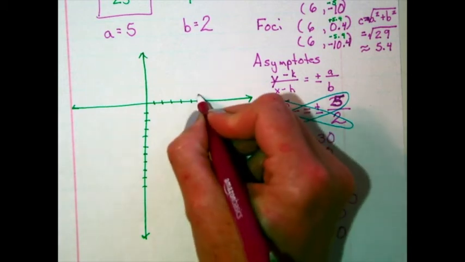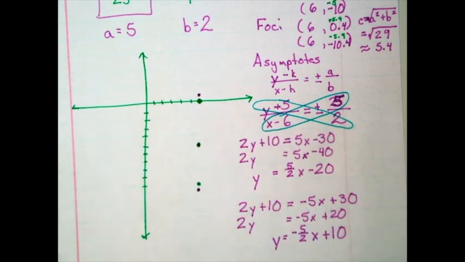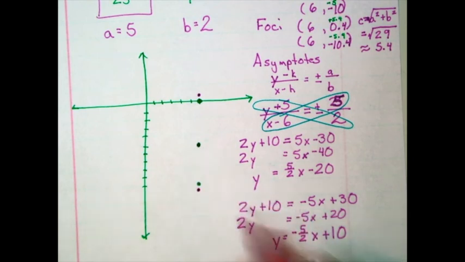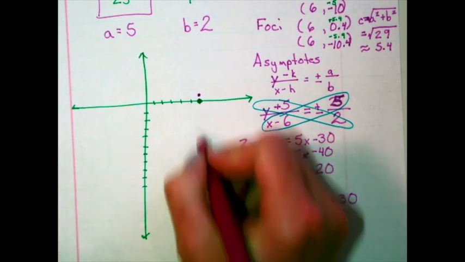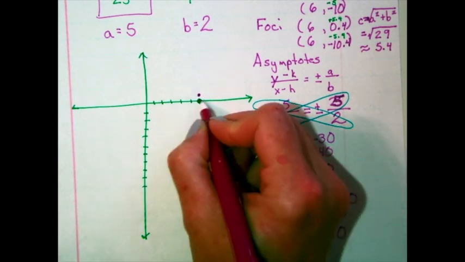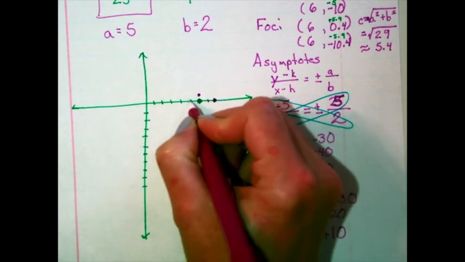We're going to go up about 0.4 and down about 0.4 from there. So there are all of those pieces. Now I need my asymptotes. Now from here I can count up 5 and over 2 in both directions.